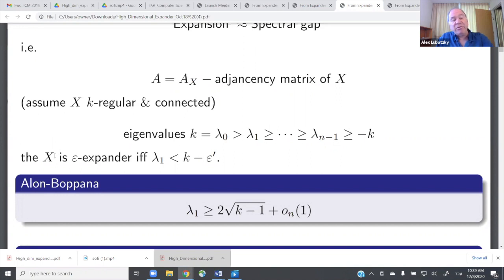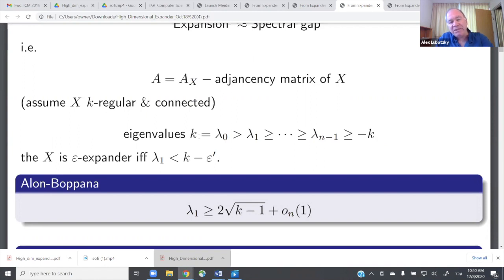And it turns out that X is an epsilon expander if and only if the second largest eigenvalue, namely lambda 1, which is always strictly less than lambda 0 if and only if the graph is connected, is bounded away from lambda 0, that is, bounded away from k along the family.